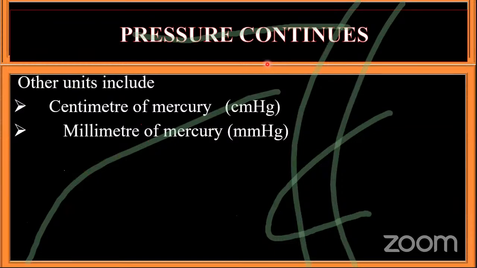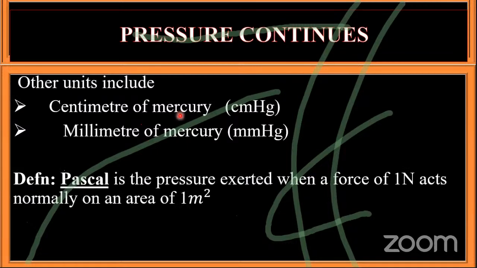Good. So we are going to define now the SI unit of pressure. And remember we said the SI unit of pressure is pascal. So allow us define what pascal is. Remember, Pascal is a scientist who is behind the theory of what is pressure.